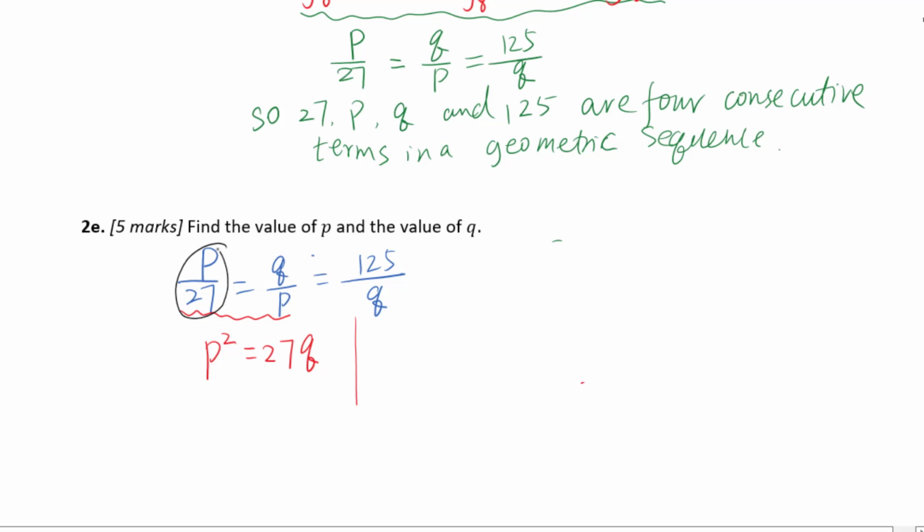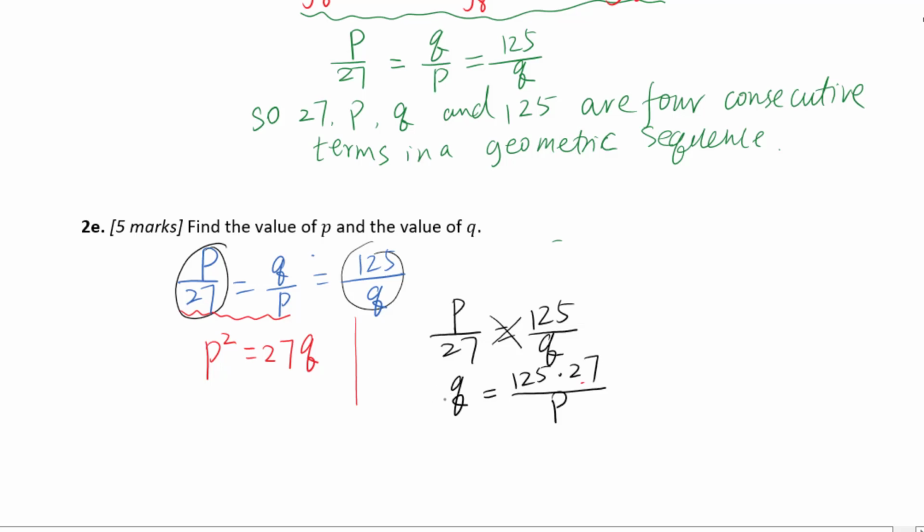From the first and last, we get p over 27 equals 125 over q. Cross multiply, I want to solve for q: q equals 125 times 27 over p.